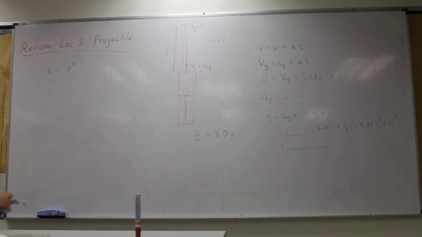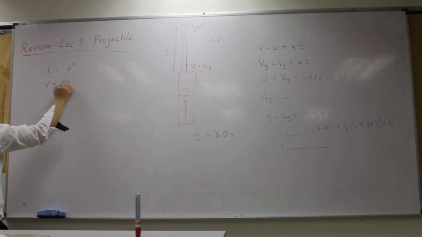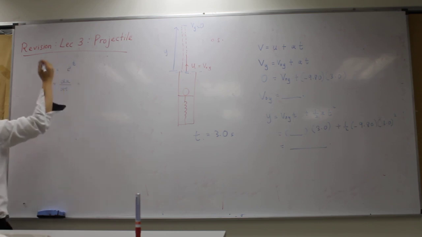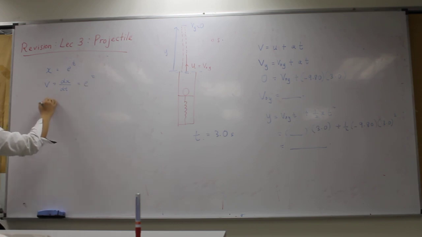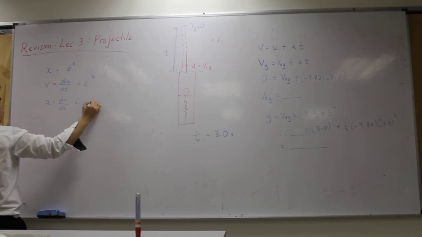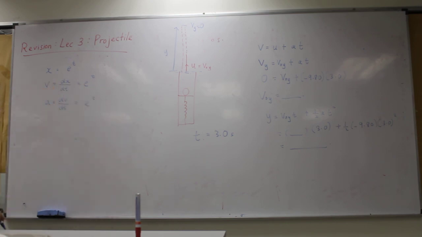From here, you can differentiate: v equals dx over dt, and coincidentally it's still e to the power of t. On the other hand, a equals dv over dt, which is also e to the power of t. So from that, you can find the values accordingly.